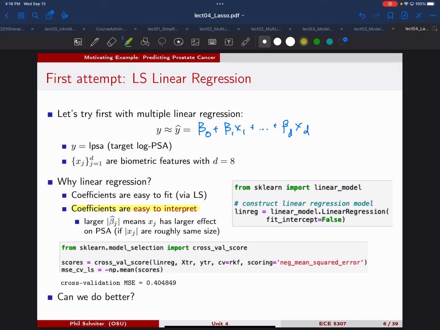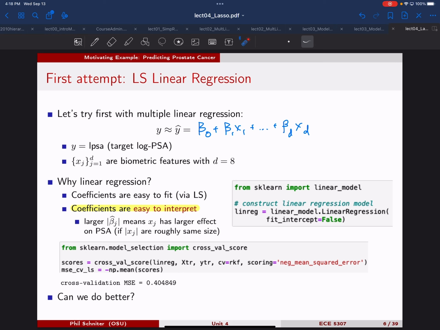Linear regression, on the other hand, provides these beta values, and they directly multiply the features. So if one of these values is much larger than the others, that is an indication that that feature is much more important than the others for making that prediction.